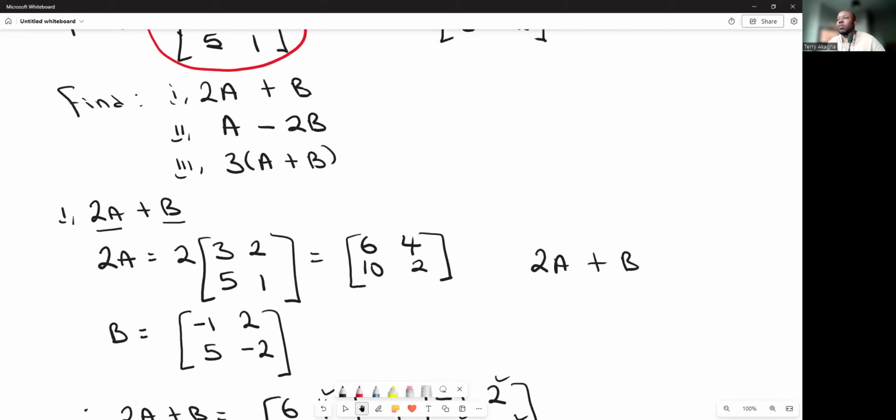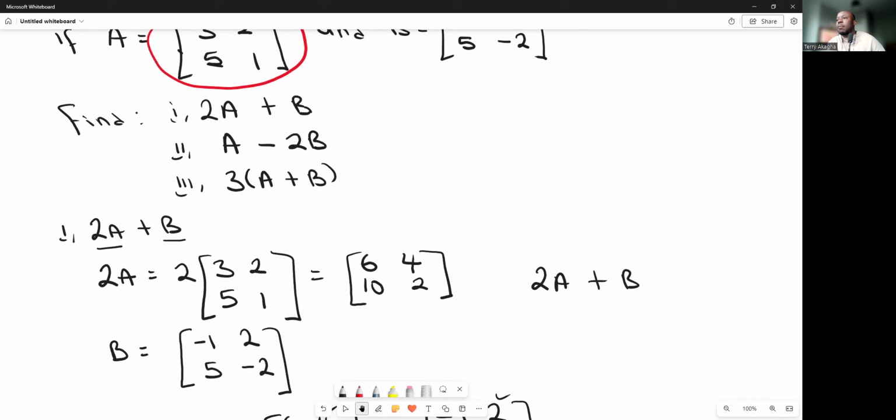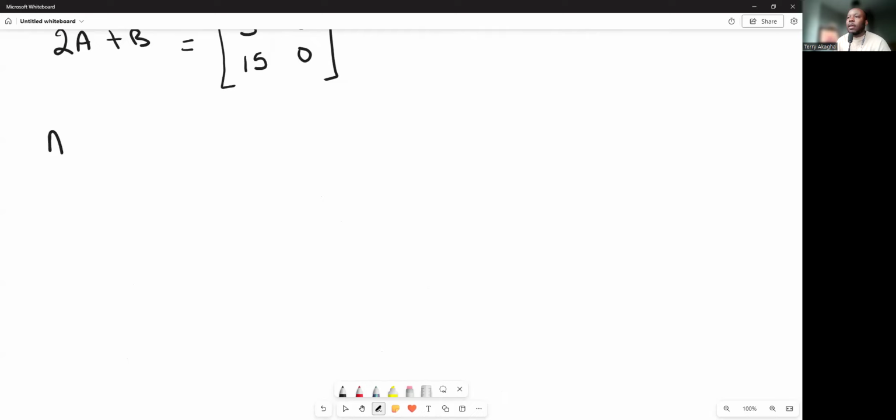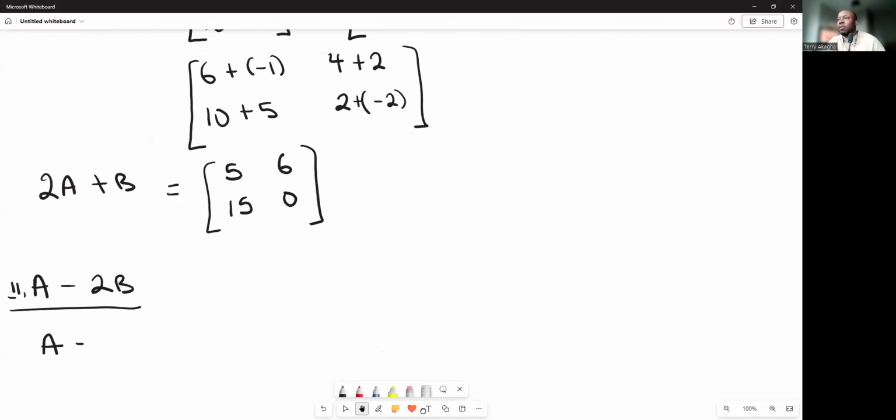So the next one we are having now is a minus 2b. So the next question is a minus 2b. So this is number 2 now. Okay, a minus 2b. So let's first, what is a? We have to solve them separately, remember? So let's check.